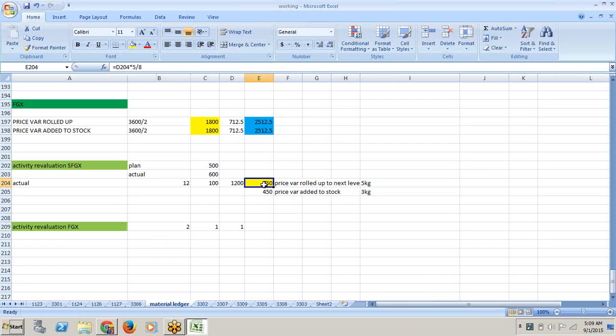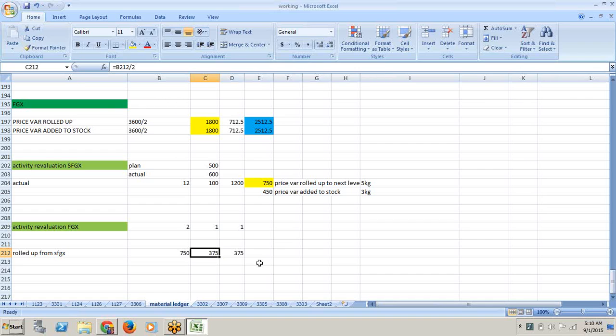For these 2 kgs, 750 is the cost rolled up, so for 1 kg it is 750 divided by 2, 375. For what we have sold it is 375, and the remainder will be added to the closing stock inventory valuation.